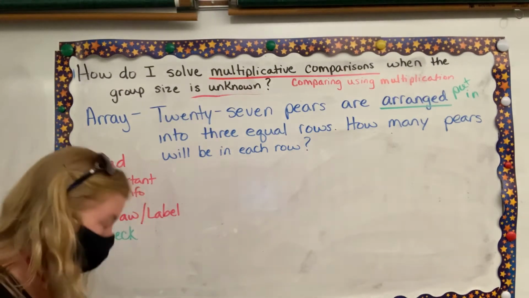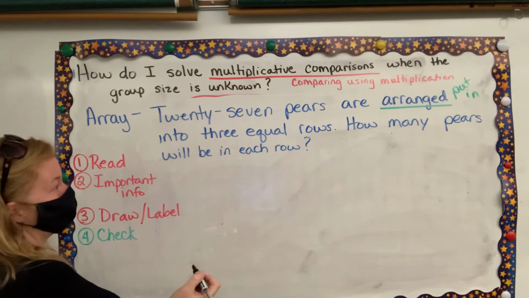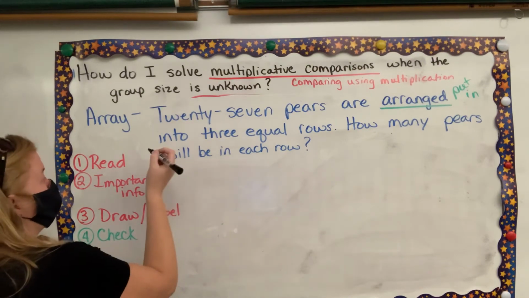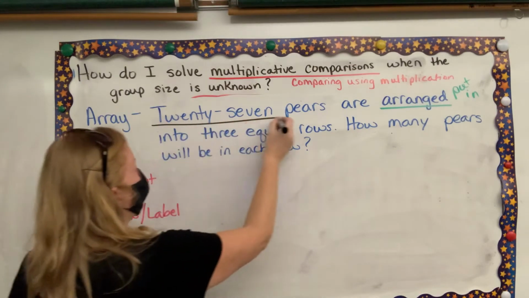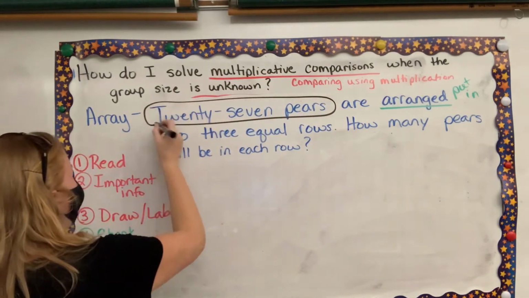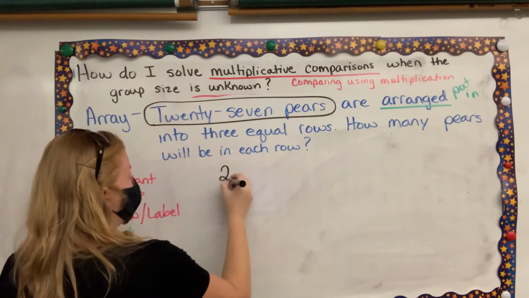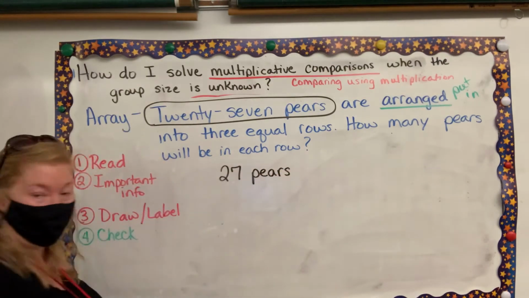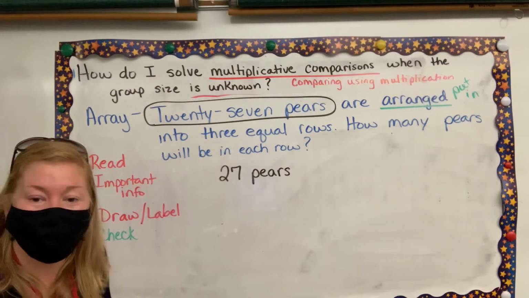Lily. "27 pairs are arranged." I have 27 pairs. So I know my total. What else do I know? Another piece of important information.